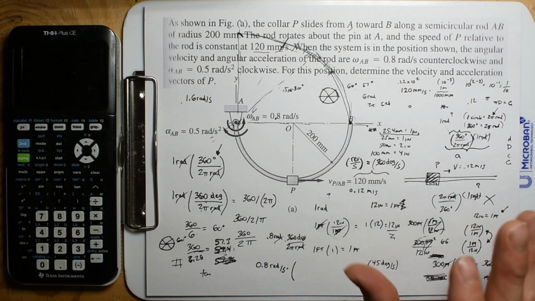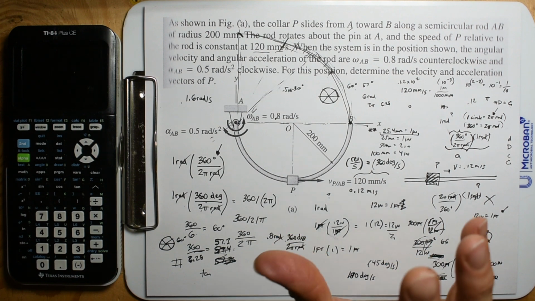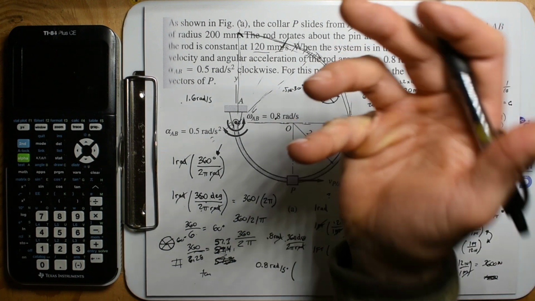So now I'm going to do this slow 360 at 90 degrees per second. I have to go 180 degrees per second. If I go 180 degrees per second, I'm going to do a 360 in 2 seconds.